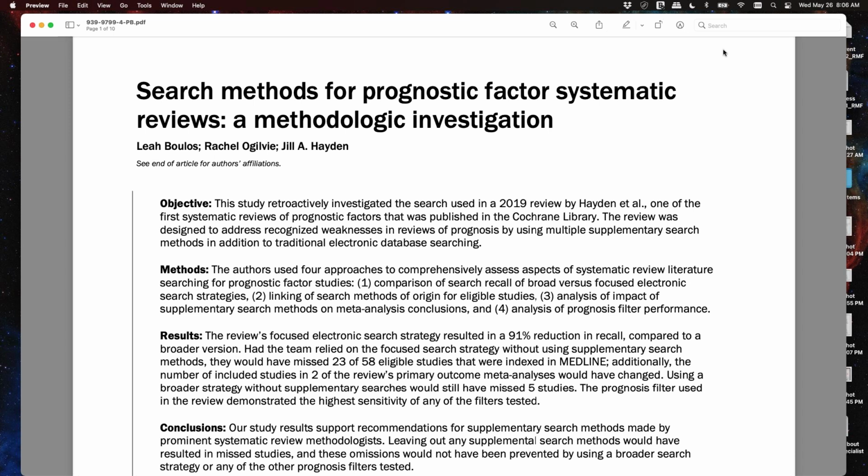And I think before we start focusing on this paper, we could clarify the 4 types of prognosis reviews or prognosis studies that have been classified so far.